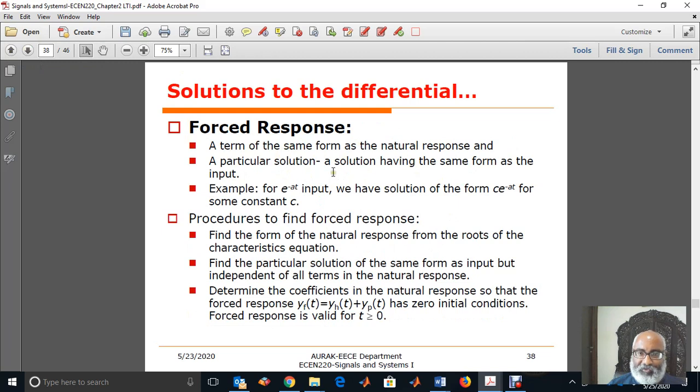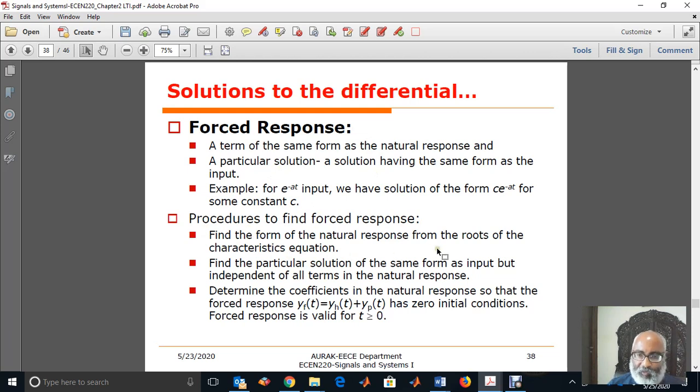the forced response will have a particular solution and a natural response. We find the constants of the natural response by assuming the initial condition is equal to 0. So here is the procedure to find the forced response.